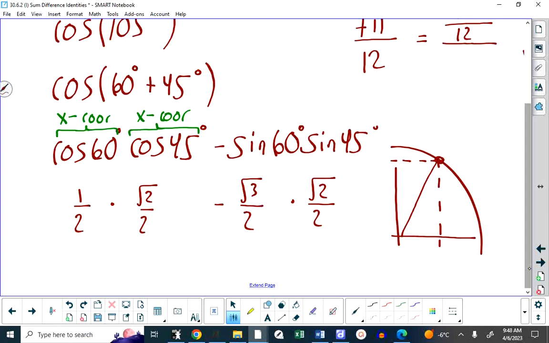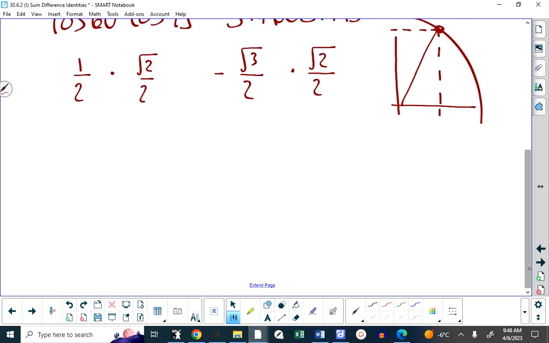If we clean this up, here we've got two fractions that are being multiplied, so we multiply across the top, giving us root 2. We multiply across the bottom, giving us 4. So we get root 2 over 4, minus, we multiply across the top here, and we get root 6. That's a Math 20 idea, actually a Math 10 idea.